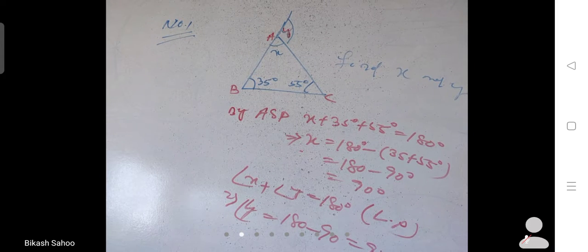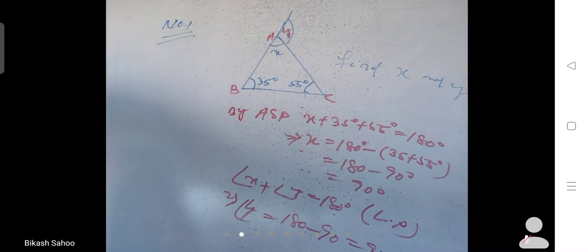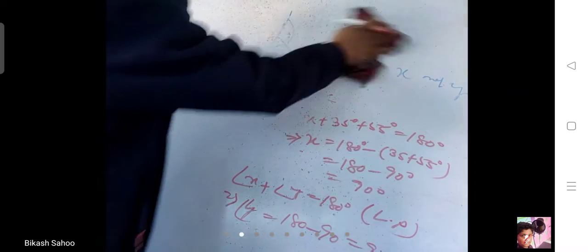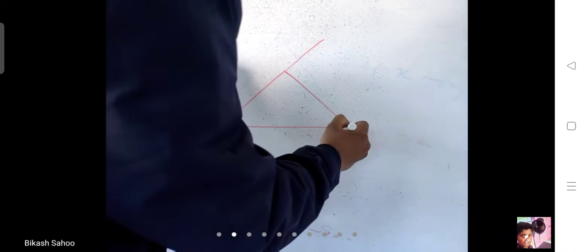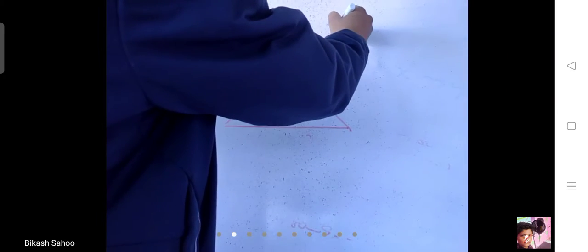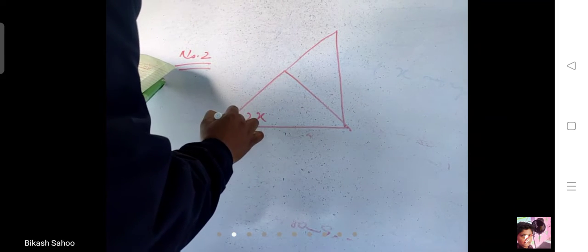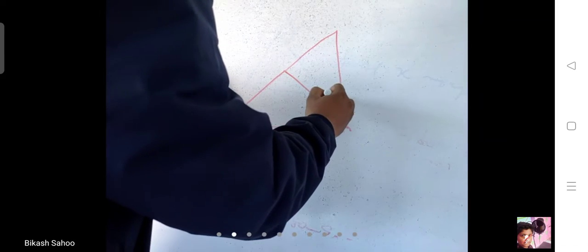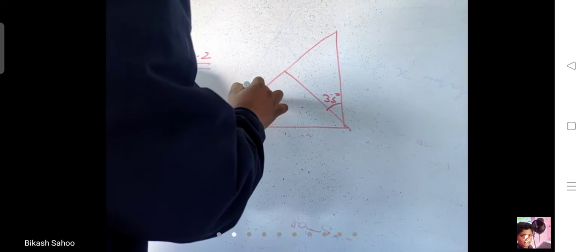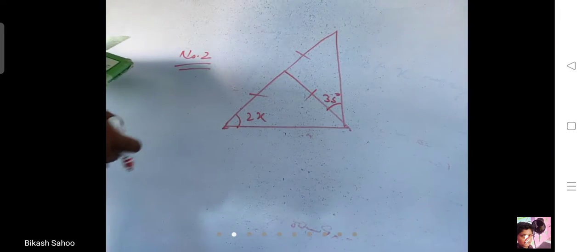Next, number two question. That you see a triangle. It is given by 2x and it is 35 degree and these sides are equal.